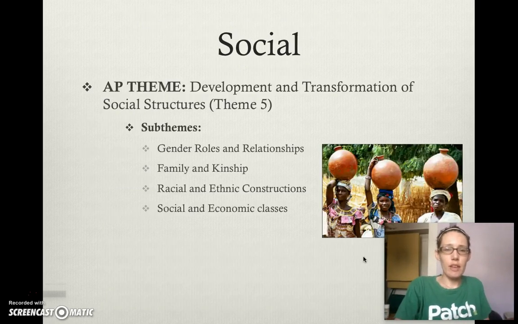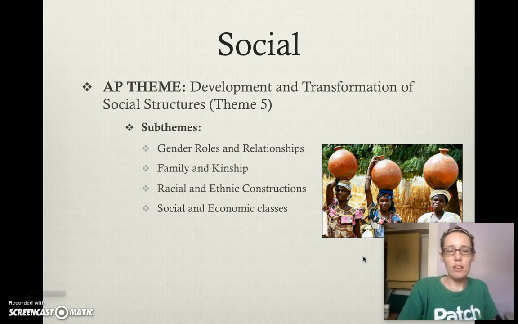Let's get into a little bit more detail about how each of these themes operate and some of the key things you need to be thinking to yourself when you come across one of these themes, or if you have a question on an exam that asks you to do something with these themes. A lot of times, a question on the exam will want you to talk about one of these themes, but it's not going to say in parentheses development and transformation of social structures.